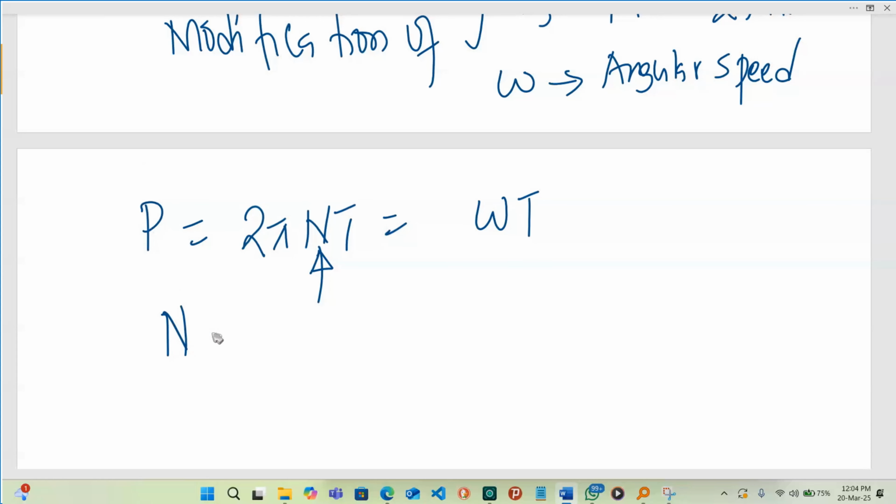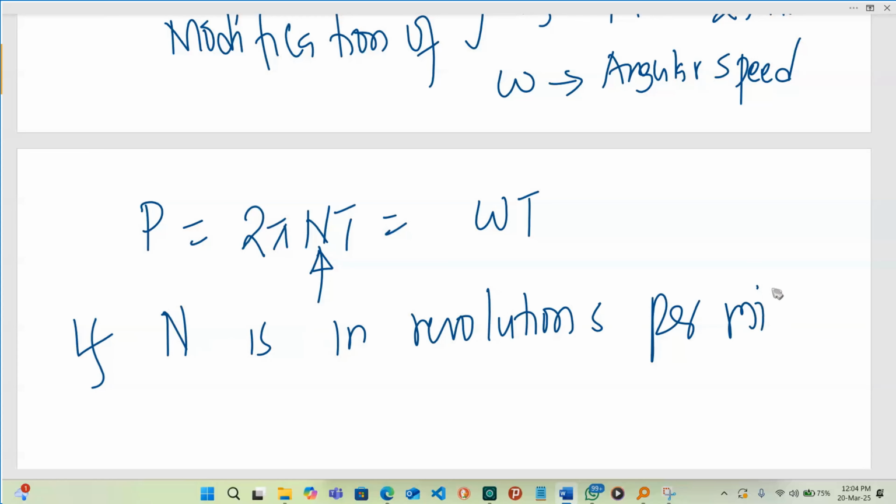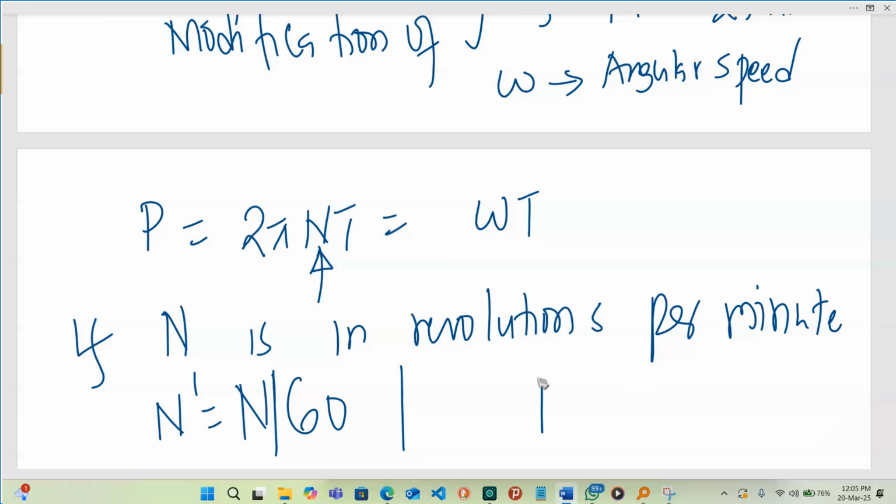If N is in revolutions per minute, like it is always the case, then the new N will be this N divided by 60. So you can always have power equal to 2πN out of 60 times T.